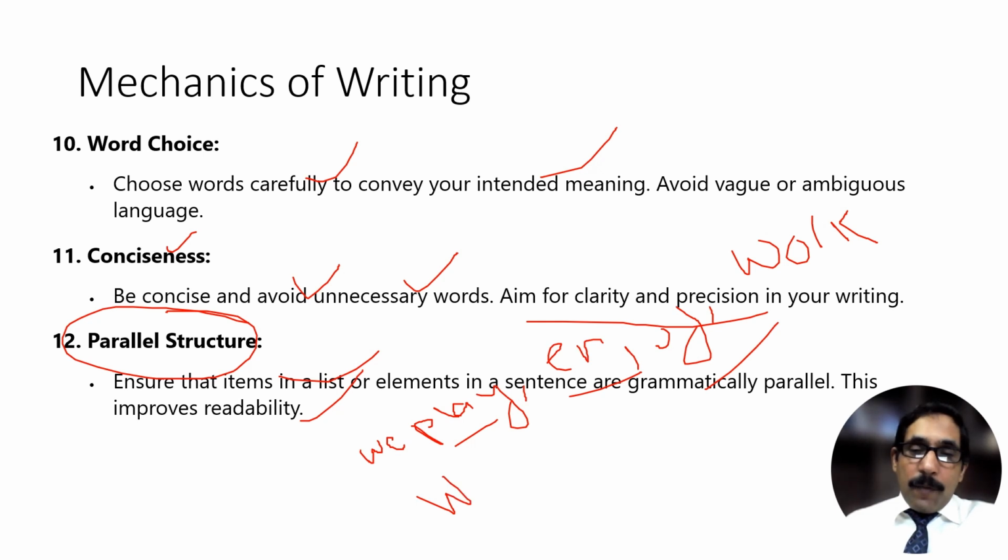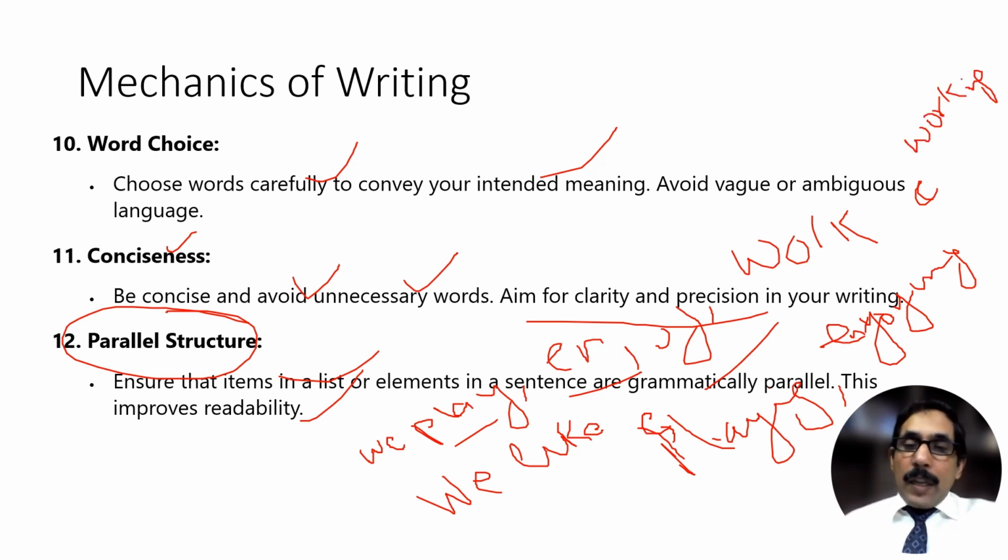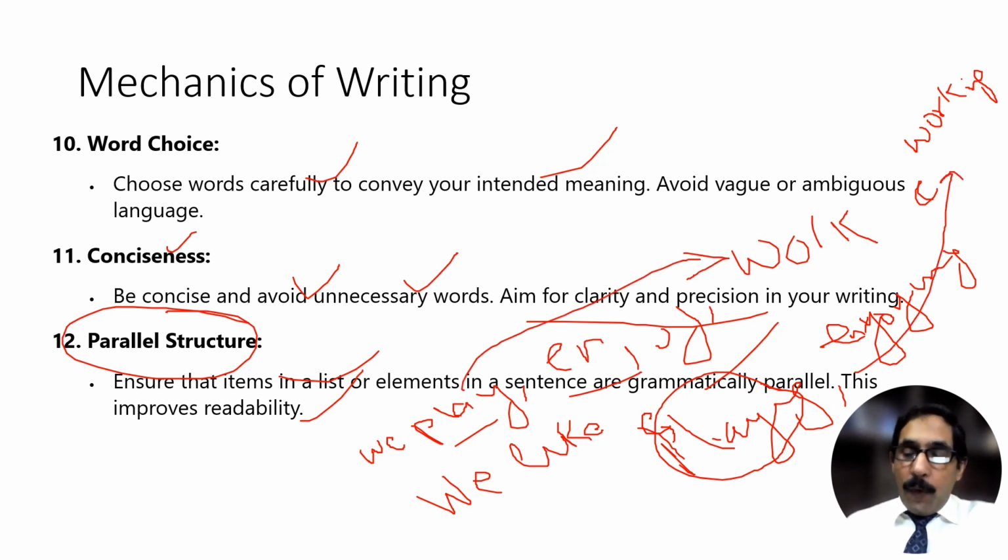And if we say we like playing, enjoying, and working together, so if you are using ing, it must be used in a similar way throughout. If you are using the first form, it must be followed throughout the document.